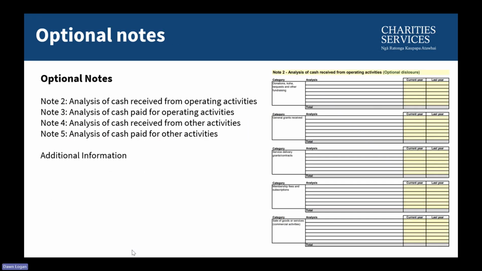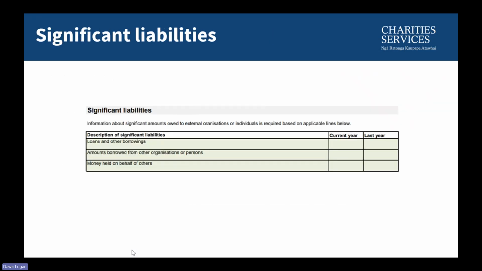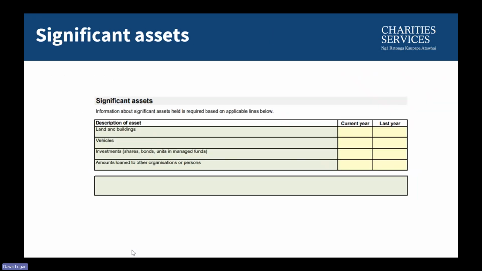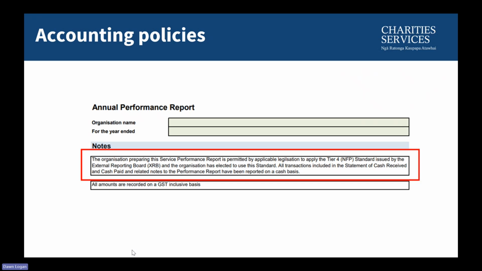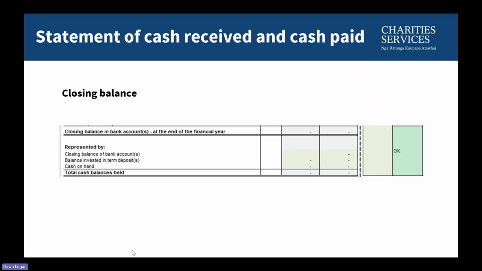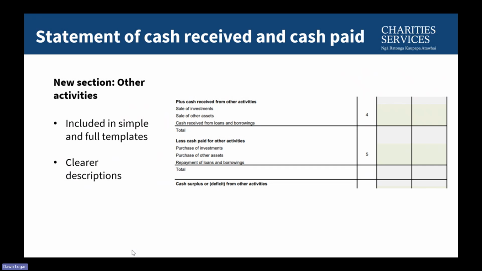Analysis of cash paid for other activities. So there is an entirely separate section of notes for assets. Note 5 is just expanding one of the headings from the statement of cash received and cash paid. So that will be here. Other activities: purchase of investments, purchase of other assets, repayment of loans and borrowings.